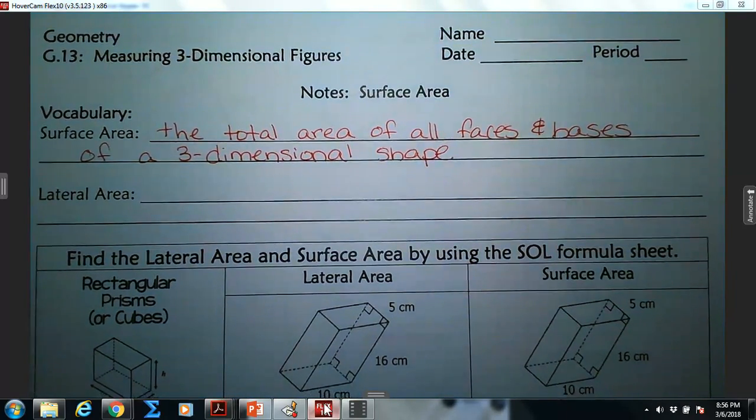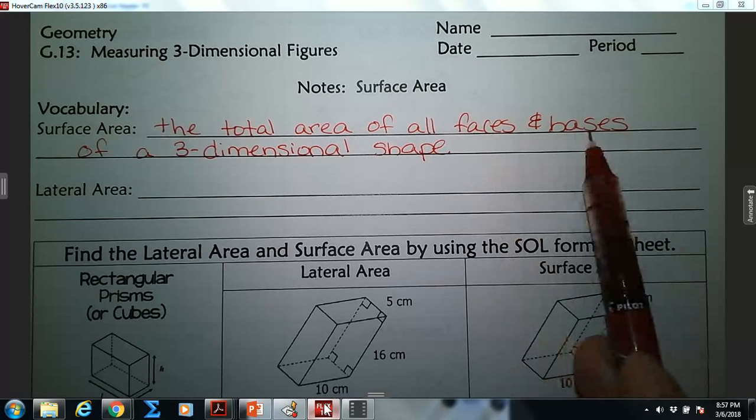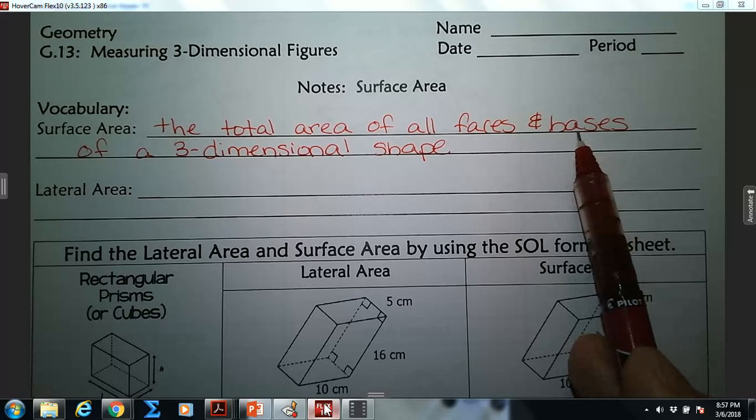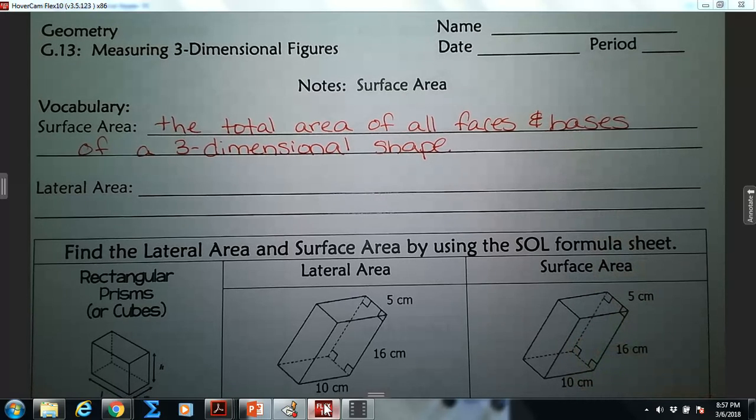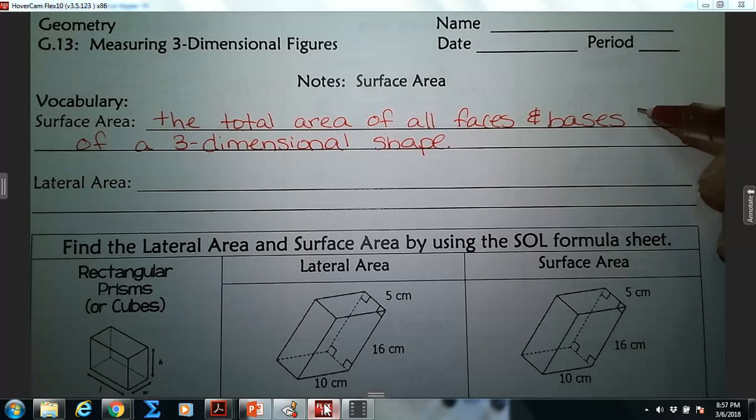All the total area. So we're going to add up all the area of any face and base. Now the difference in faces and bases: bases, we kind of think of them as what the figure is sitting on. But really what we're looking at most of the time are 2 parallel structures. I'll show you what we're looking at when we look at an example.